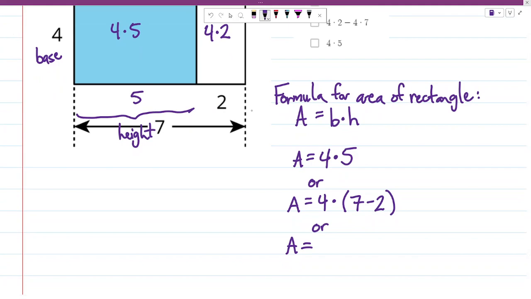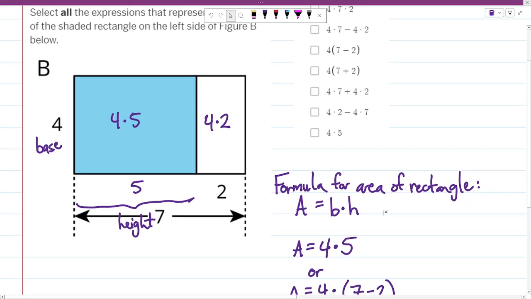So the area of the entire rectangle is 4 times 7. And then we can subtract the area of that white rectangle. And that's going to be 4 times 2. So there are probably even more ways, but these are the 3 ways that we'll definitely see in our list.